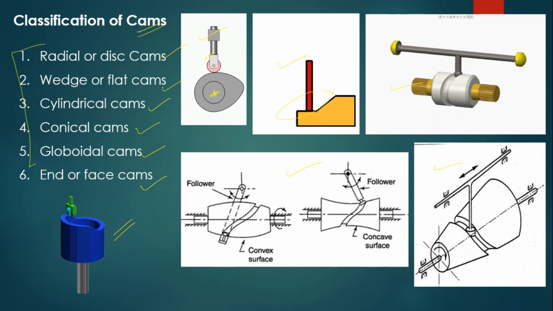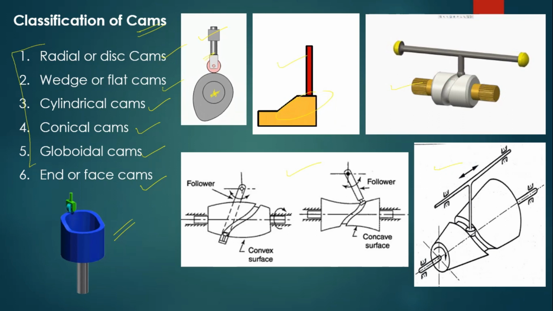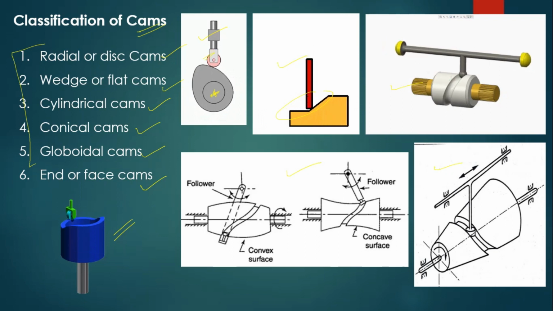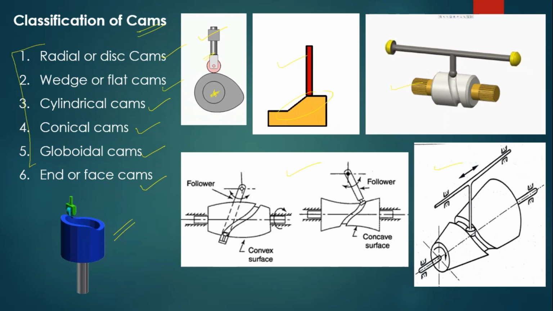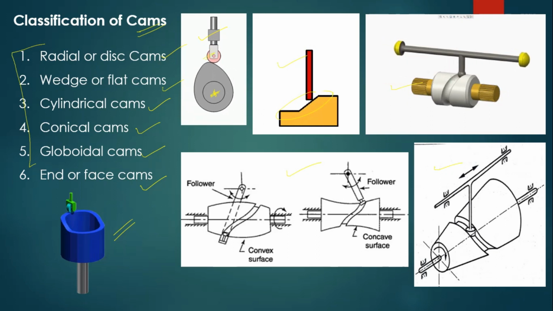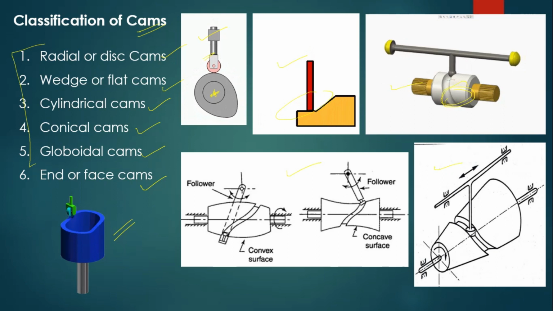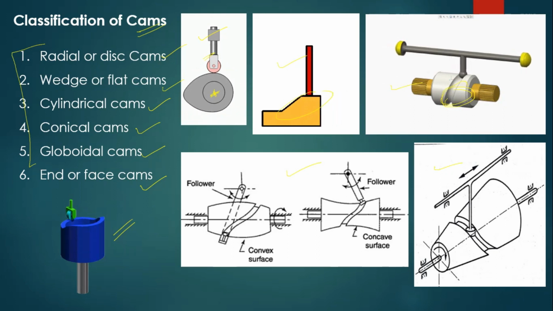And for the cylindrical cam, a cylinder which has a circumferential contour cut in the surface rotates about its axis. The follower rides in the groove cut on the periphery of the cylinder, right? And these things are not important.